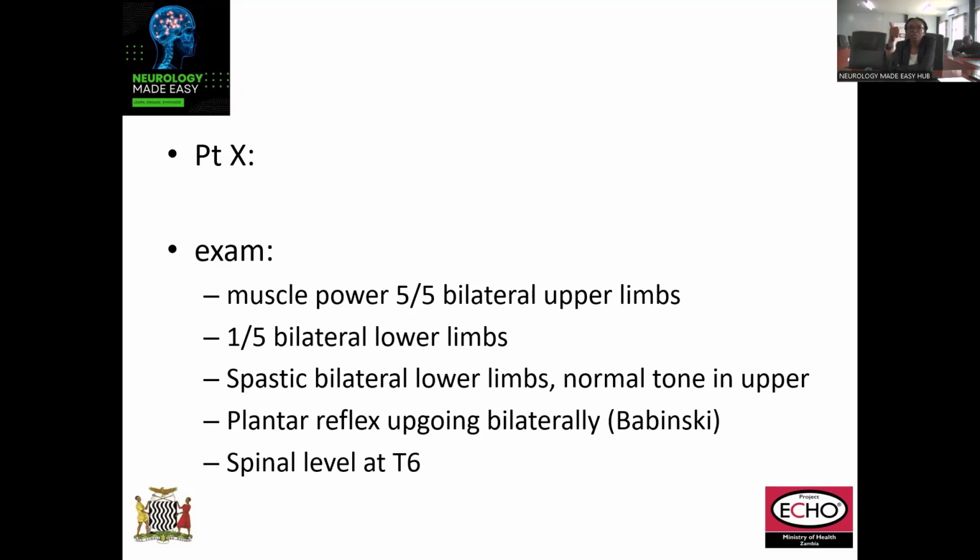And we said that in the central nervous system, a lesion in that area will present with certain features like spasticity or hyperreflexia, as demonstrated in this patient. We also have reflexes like your plantar reflex or your Babinski. So that already tells you that this is in the spinal cord. You also have a spinal level, which again points to a problem in the spinal cord.